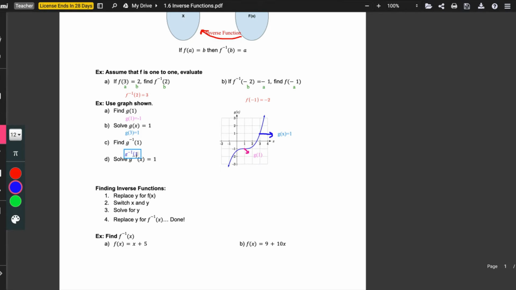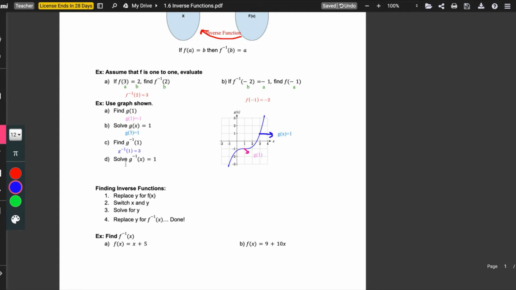So g inverse of 1, well, when the output was 1, the input was 3, so g inverse of 1 is going to equal 3. And again, it has to come with the fact that I know the inverse function is evaluating when the output is 1, and the output is 1 on B. So we're going to just take the x value from that function, which was 3.